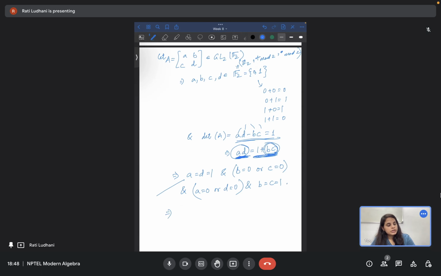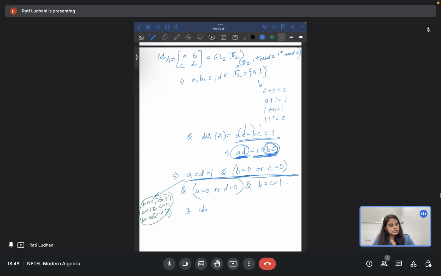Now check in this condition, what are all the possibilities? B is 0 and C is 1, B is 1 and C is 0, and B is 0 and C is 0. These are three possibilities here, which means you have three options for this thing.